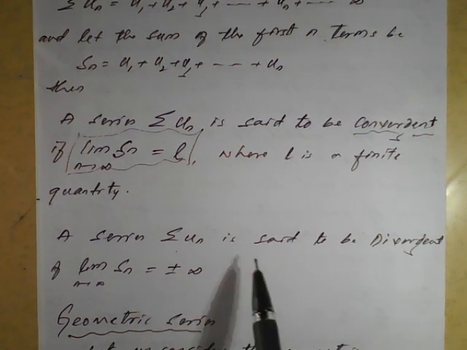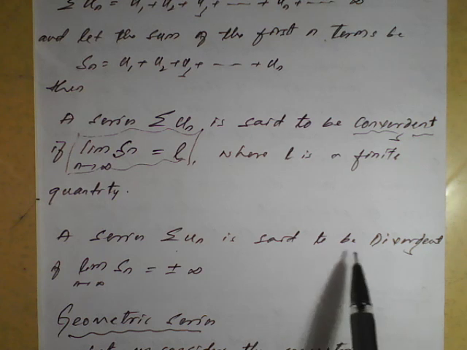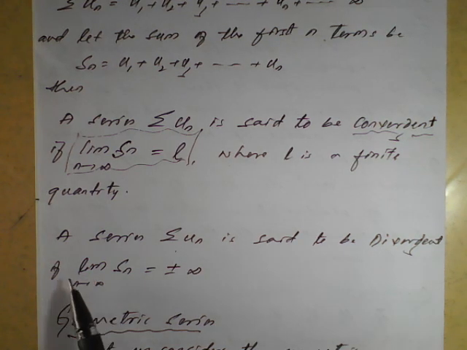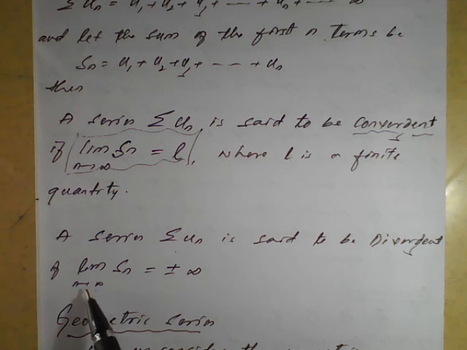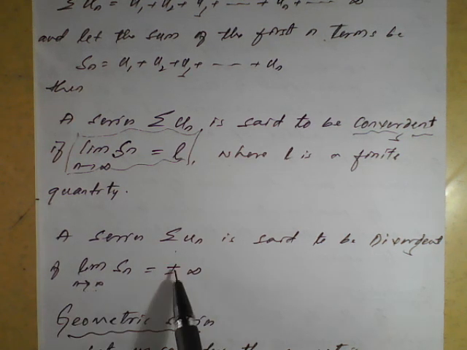Second, a series summation of un is said to be divergent if the limit of Sn as n tends to infinity tends to plus or minus infinity.